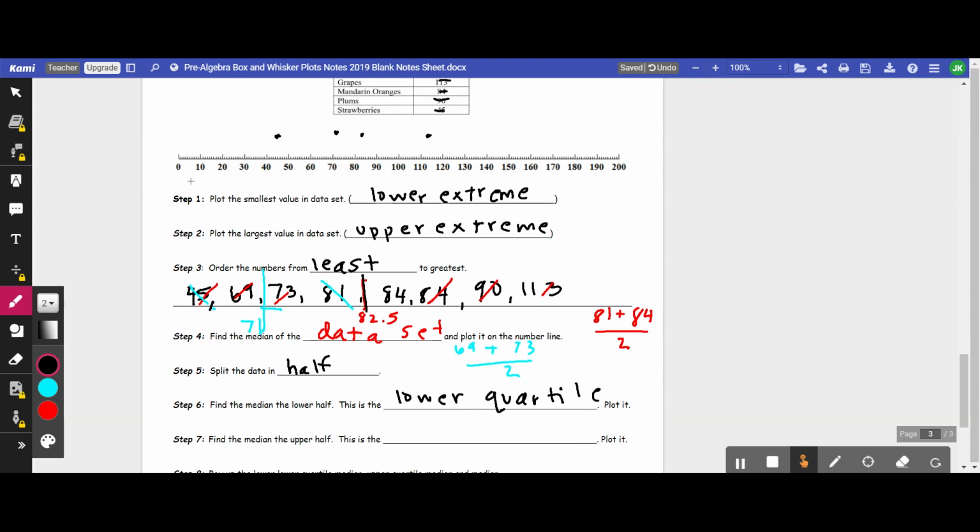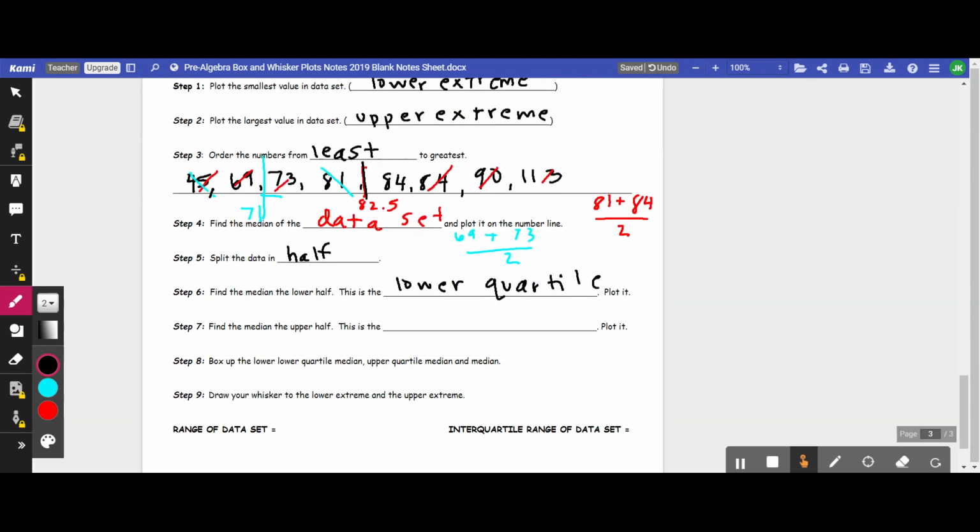And then you'll want to do the same thing to find your upper quartile, which will be the median of the upper half of your data. So I'll use the green here. So you're going to find your median of the upper half of your data to get your upper quartile. So you have these 4 values that are greater than your median, so you'll do the same thing.